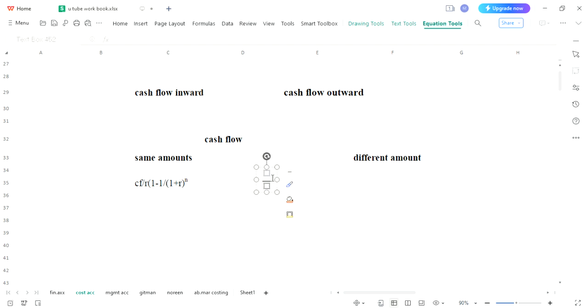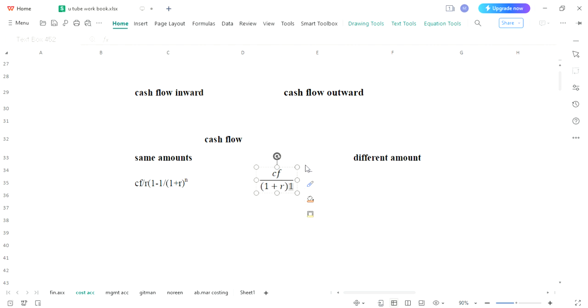So here you will write cash flow first, and then start your bracket 1 plus r and raise to power 1 for the first installment. This first is needed to make it a power.